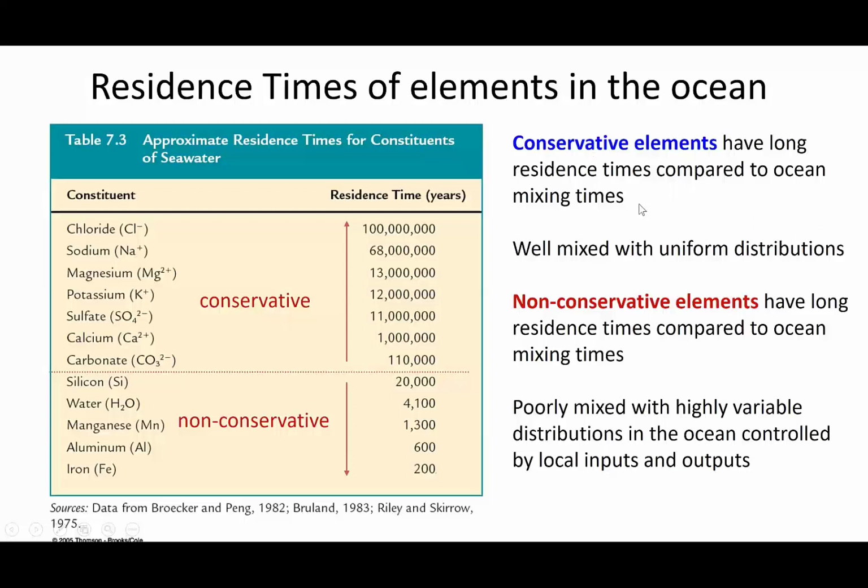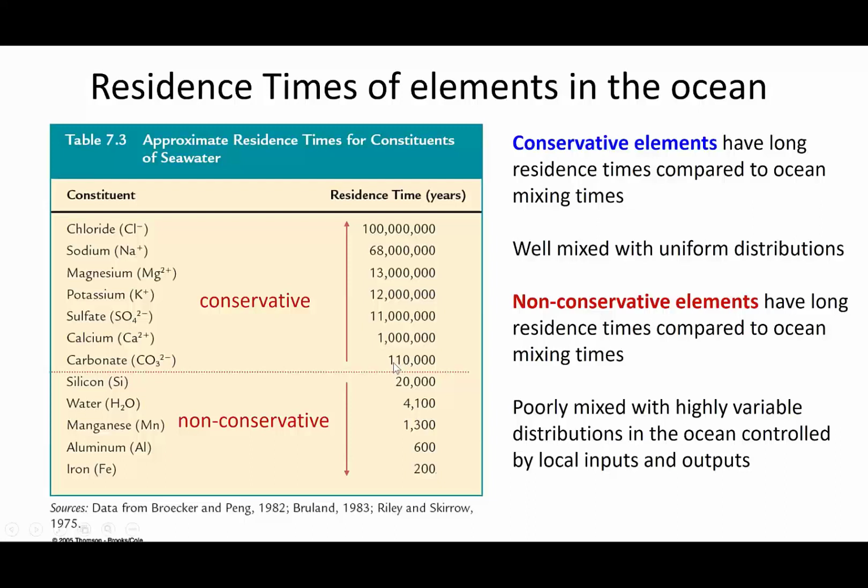So the average time it takes to actually mix the whole ocean for one mix or one cycle is around about 4,000 years. So you can imagine if you had some salt in a cup of water and you spun it around once with a spoon, it wouldn't mix thoroughly.